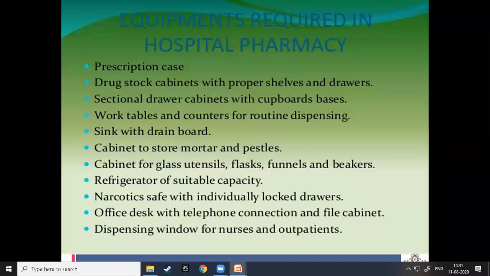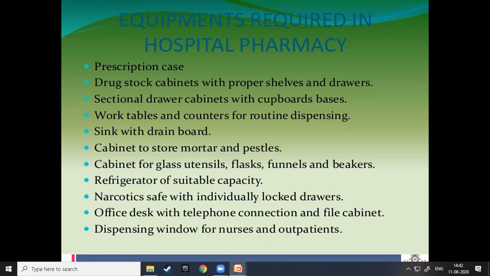Equipment required in a hospital pharmacy. Prescription case, where you can keep the prescription. Drug stock cabinet with proper shelves and drawers.